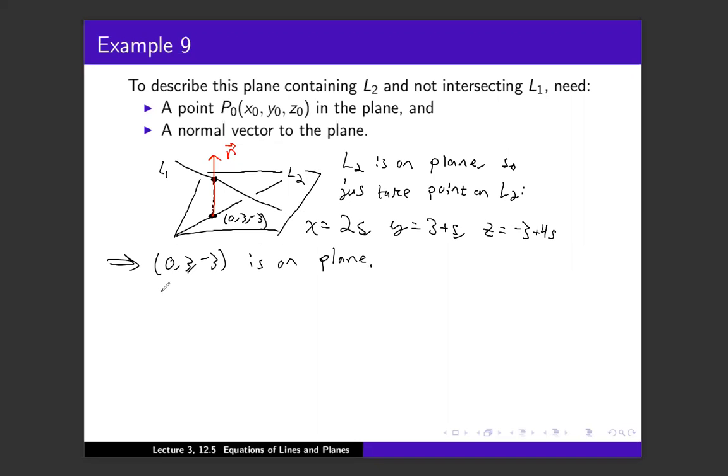What about the normal vector? Well, the normal vector n is orthogonal to L2. But we also realize that n also has to be orthogonal to L1. And why is that? One concrete way of seeing that is L1 is parallel to the plane.